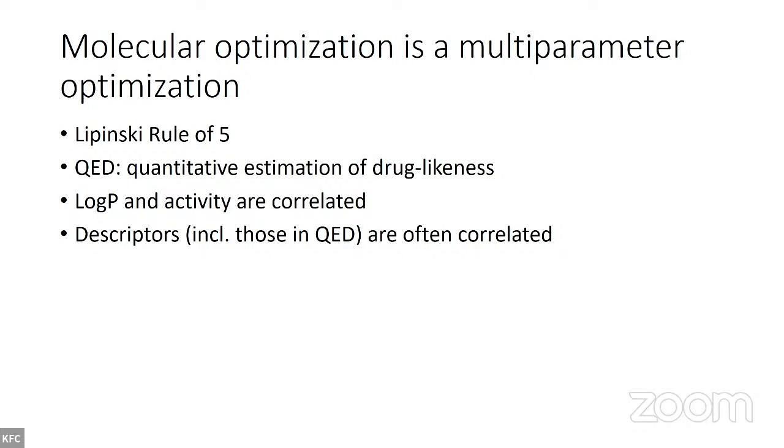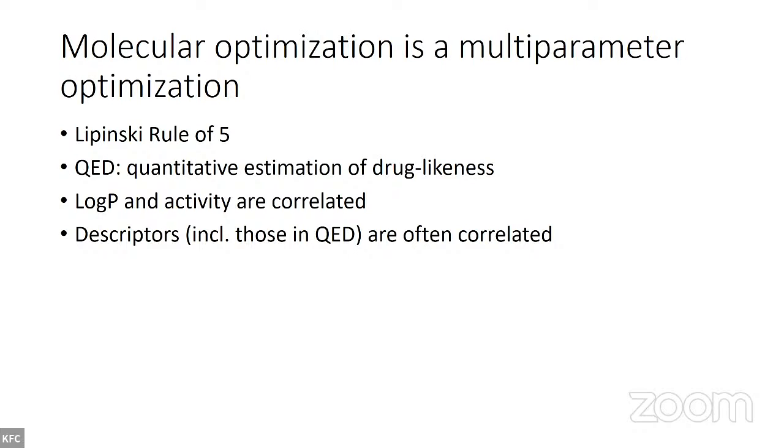For example, if we are doing hit-to-lead optimization and adding on, let's say, aromatic rings, we increase our lipophilicity and our binding values will be better, but actually our optimization space will become much smaller, because then we get outside of the range of what is typical for a drug that will be well absorbed in humans. So despite that they are correlated, it's still something to consider, that we should try to control against.